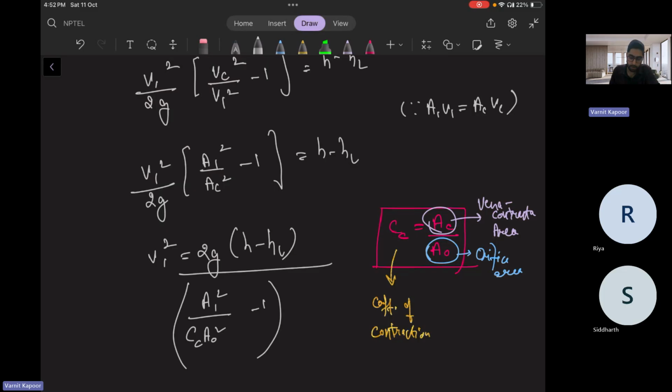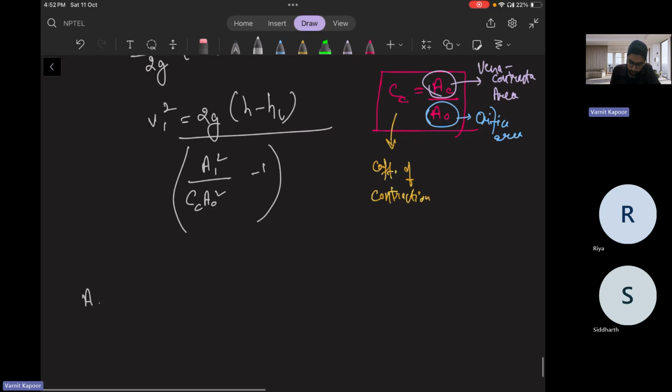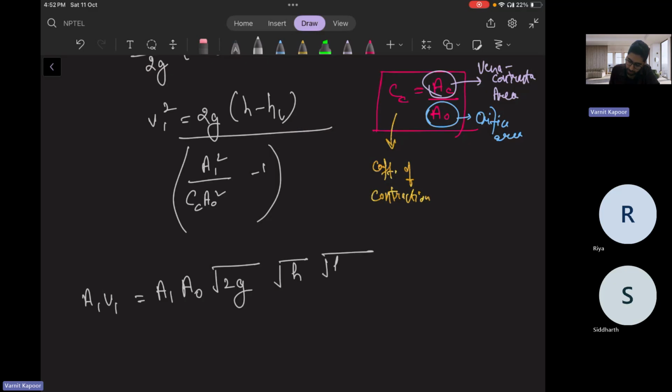Okay. Now you multiply both sides. A1 V1 is nothing but, if you take A naught above, A naught root of 2G (H minus HL). Let us suppose I multiply and divide by root of H, and this H minus HL is already there.